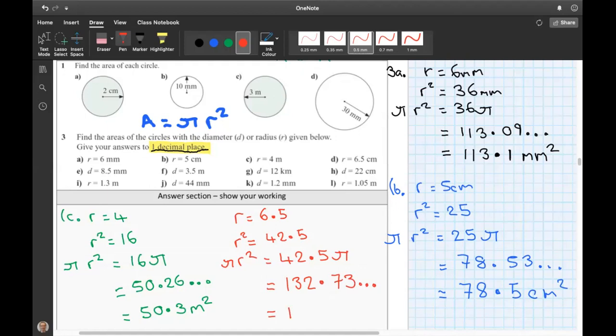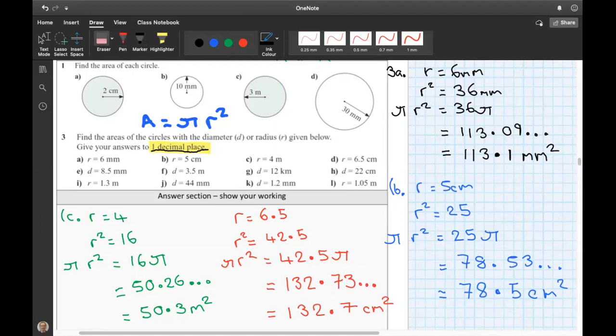Round that to one decimal place like you've been asked for, and you'd get 132.7. Let's just have a look at our units. They were centimetres for our radius, so they'll be centimetres squared for our area. Okay, and those were questions 3A to D.